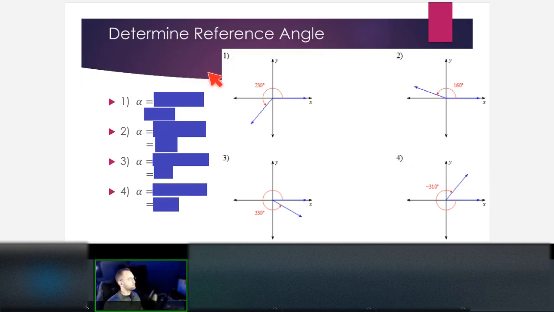Okay, number 1. To get the reference angle alpha, what is the expression we have to write? Go ahead and type it in chat. So theta minus 180, that sounds right.